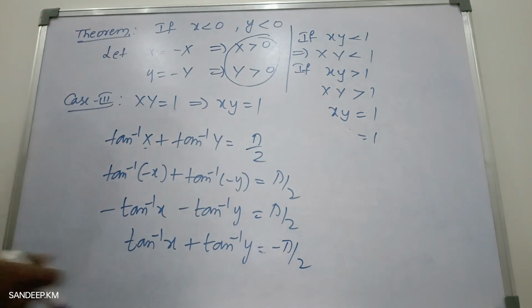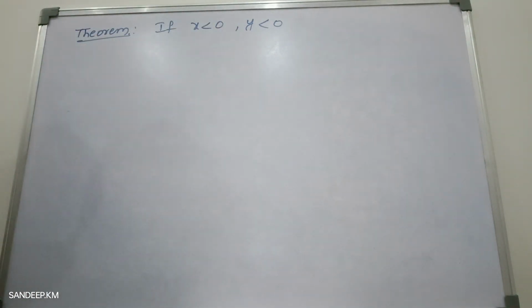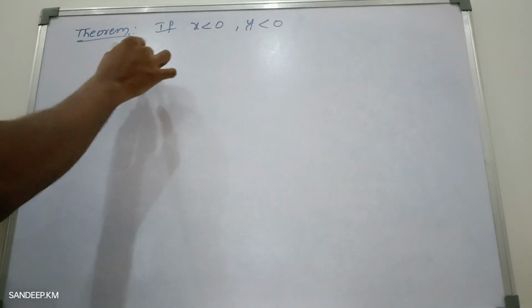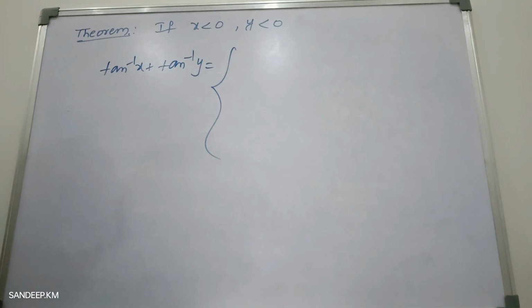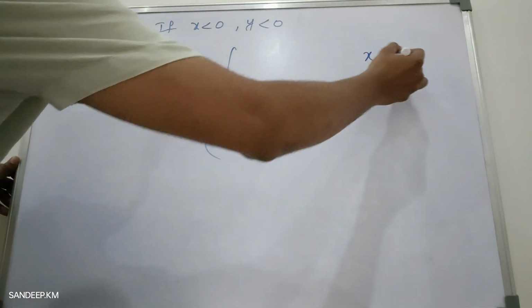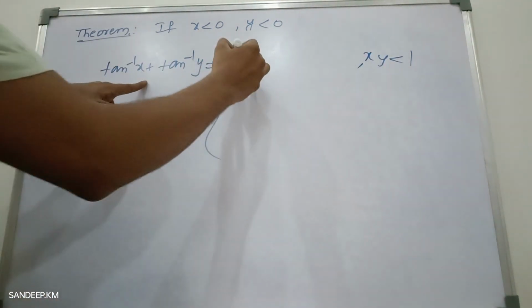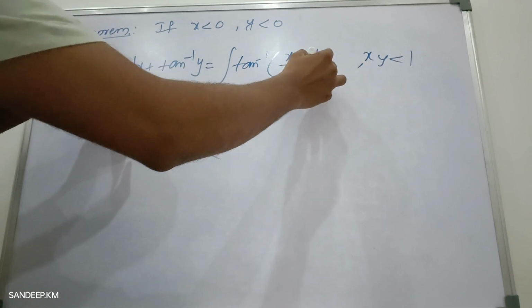So therefore, how can we conclude, dear students? If x is negative and y is negative, then tan inverse x plus tan inverse y has 3 different answers based on the x into y value. If xy is less than 1, this is equal to tan inverse of x plus y by 1 minus xy.